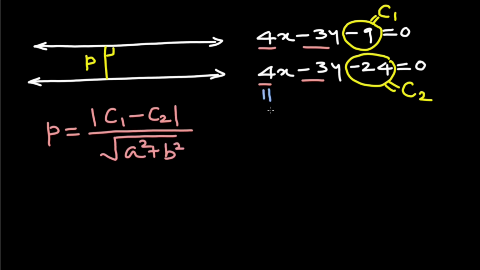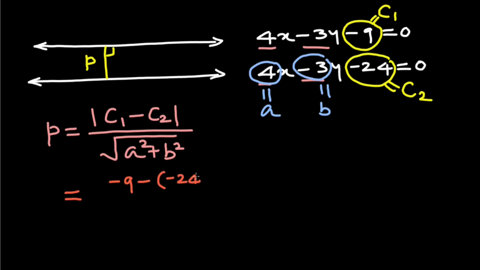We have A equals 4 and B equals minus 3. Substituting the values, we write C1 minus 9, minus C2 minus 24, mod of this upon square root of A square, which is 4 square, plus B square, which is minus 3 squared.